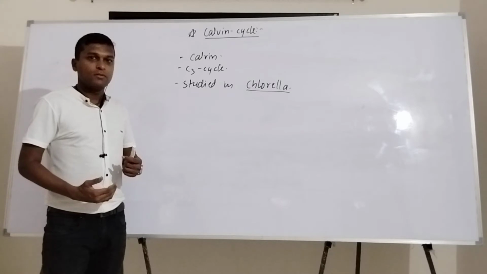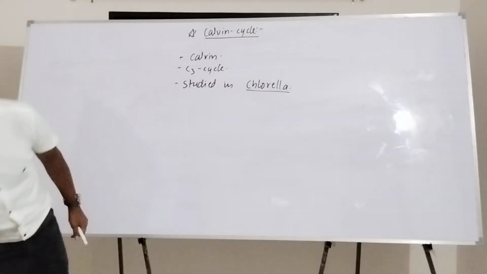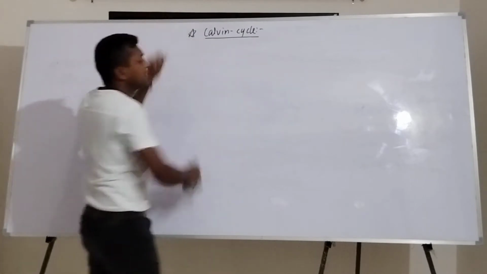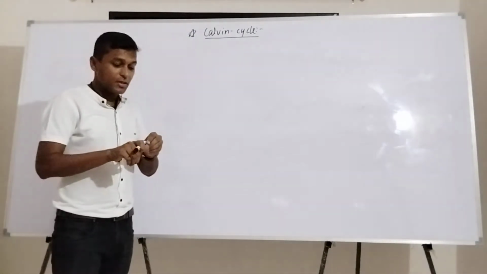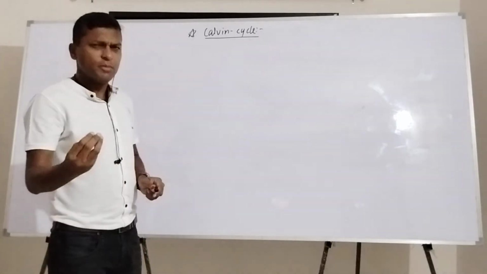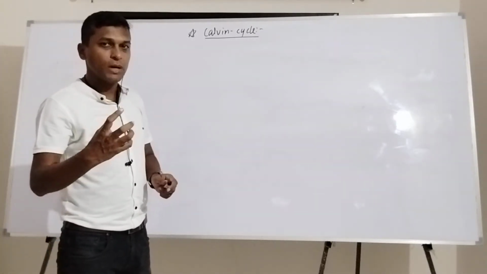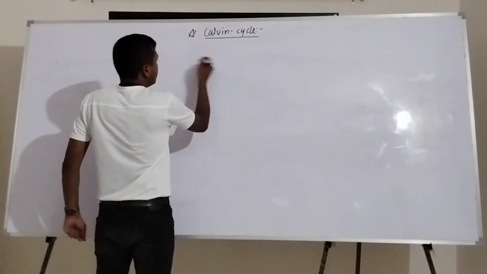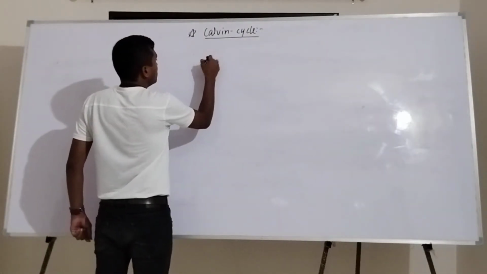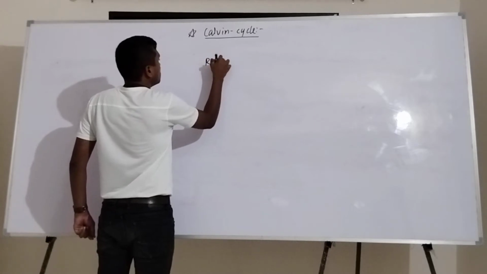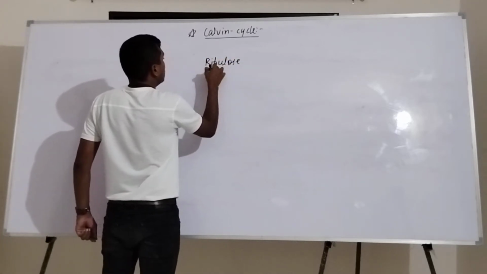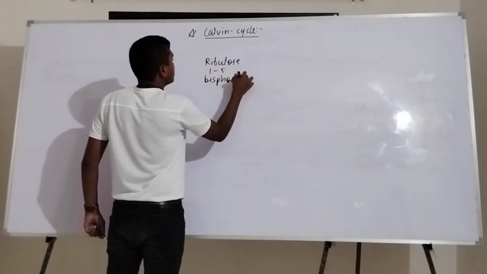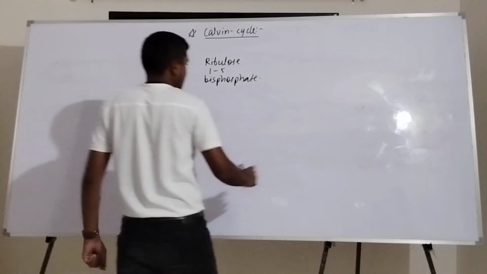But for now, we'll see the structure of this cycle called the Calvin cycle. So far as your NCERT is concerned, there is one diagram which is given. It's a bit confusing, but let's try to analyze that diagram. The first component in this Calvin cycle is ribulose 1,5 bisphosphate.